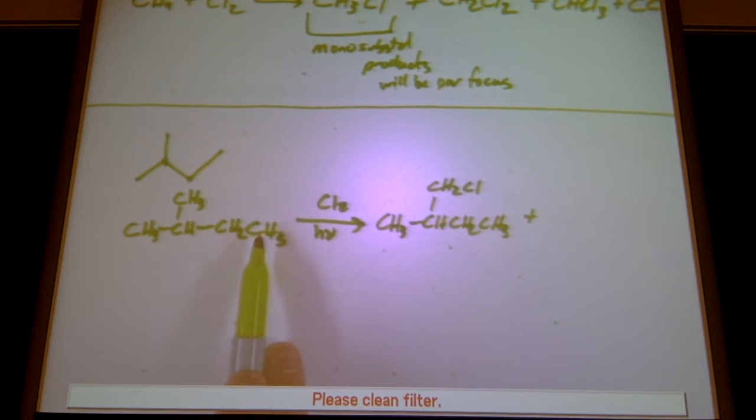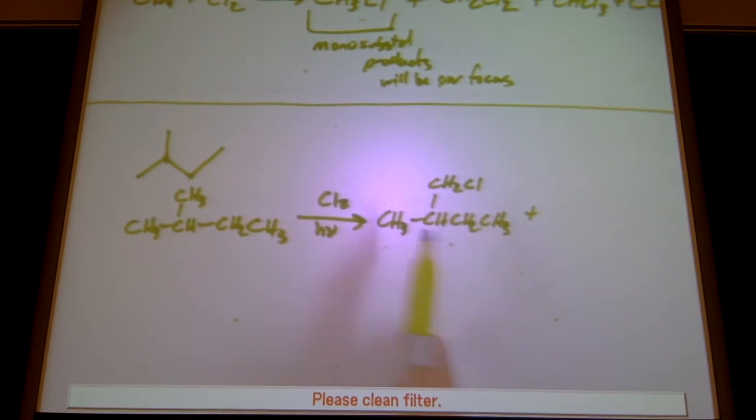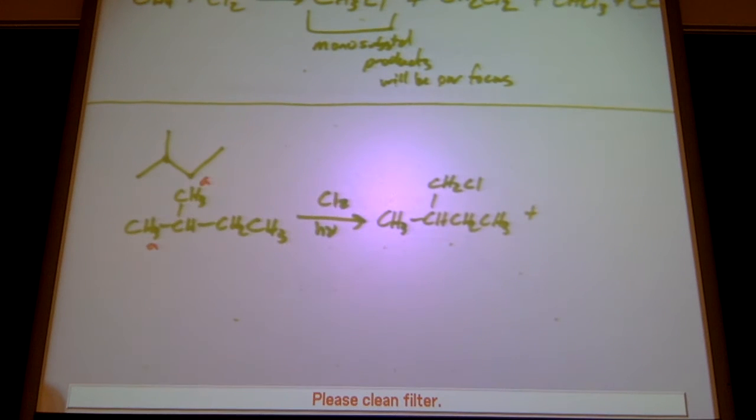And you can see if it's different by naming it. If I put the CH2Cl here and named it, I would have got the same name as this one. So here's a different hydrogen here. Let's go ahead and number the different ones. So those two hydrogens, all 6 of those hydrogens are equivalent.